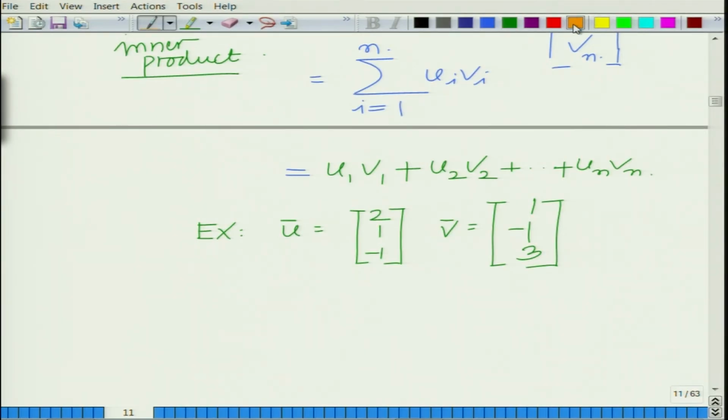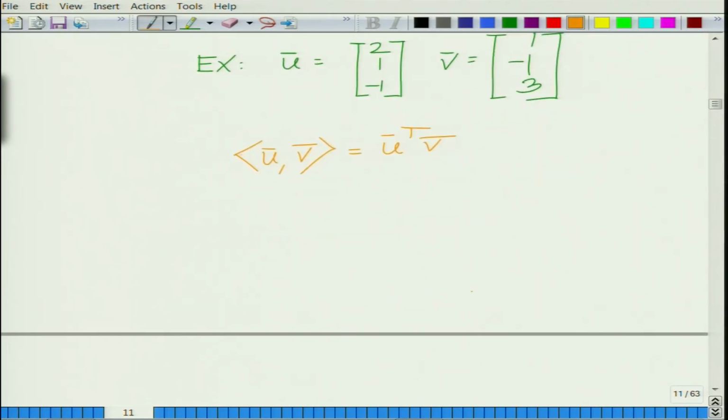Then the inner product u bar transpose v bar is basically equal to 2, 1, minus 1 times 1, minus 1, 3, which is equal to 2 minus 1 minus 3, which is equal to minus 2, alright.